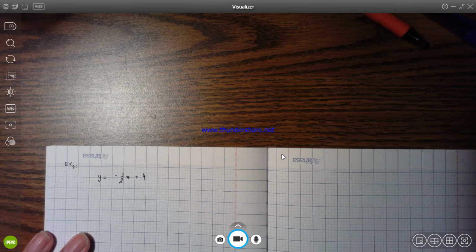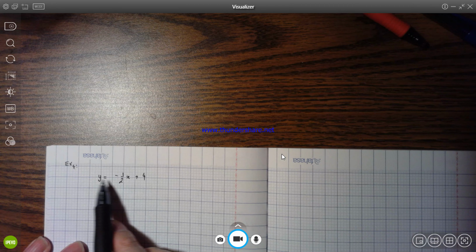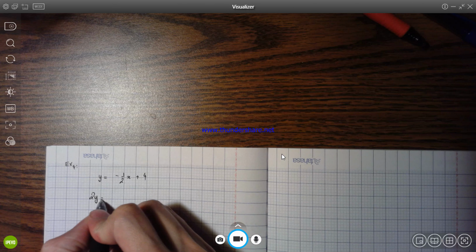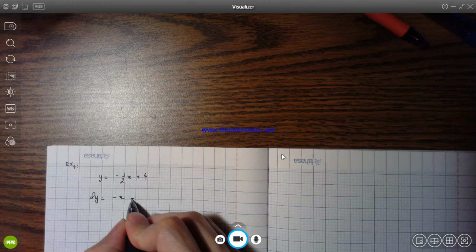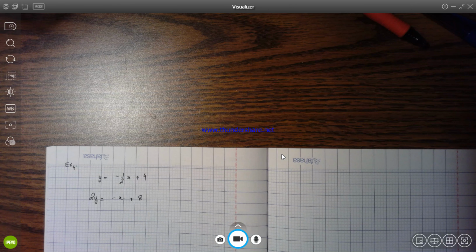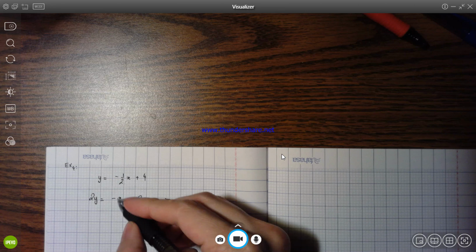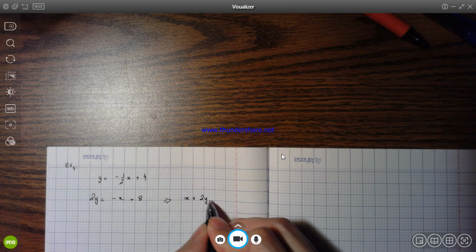Then in order to graph it, you have to bring it back to the form, so we need to get rid of the 2. So I'm going to multiply both sides by 2, so we can have 2y equal, multiply by 2 will give you negative x, multiply by 2 will give you 8. Okay, then I reorder them, so I'm going to put x on the left hand side, so you have x plus 2y equal 8.